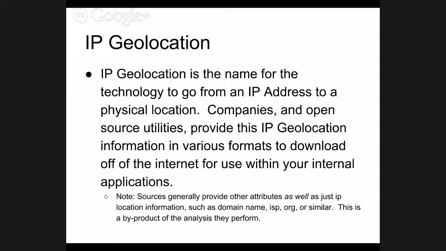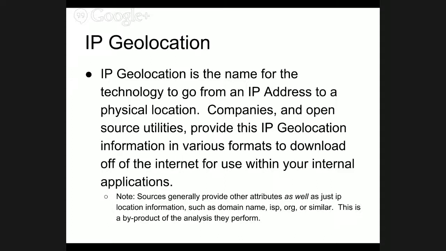Companies and open source utilities and websites provide this IP geolocation in various formats, which you can download and use for your internal applications. The other thing is that there are now web services that even allow you to use this information without requiring you to actually download or install anything.